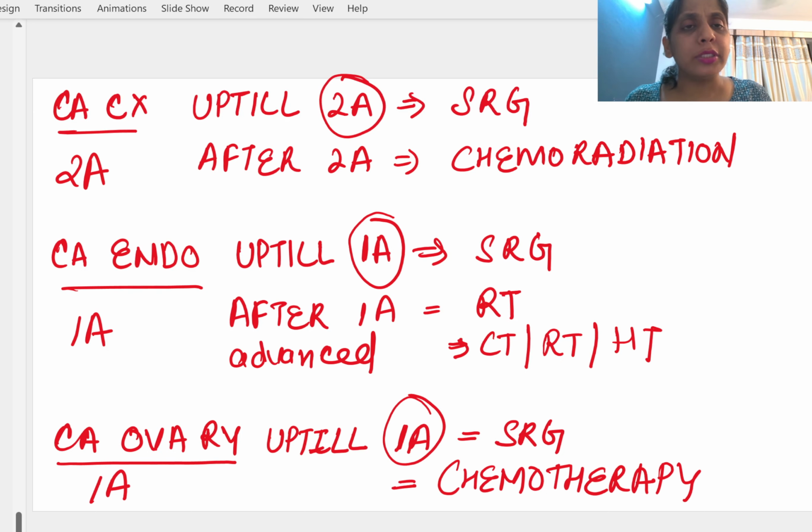You just need to know surgery is sufficient up to 1A, because in endometrial cancer we do surgical staging, so we have already done the surgery. Which surgery do we do in CA endometrium? Hysterectomy with bilateral salpingo-oophorectomy. Now after 1A, what will we do? We will give radiotherapy. In the advanced stages we give all the treatments.